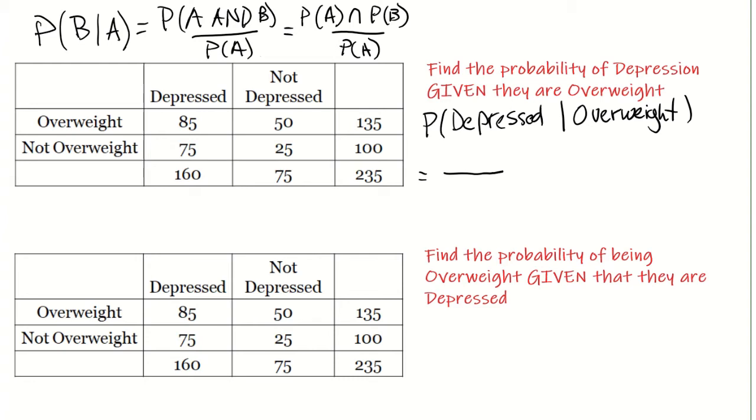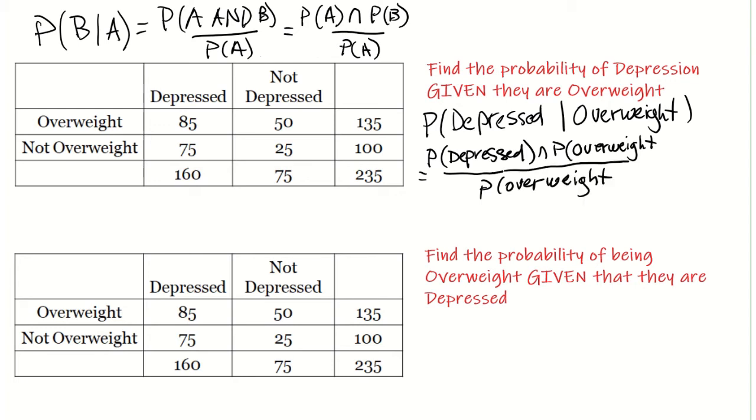So let's put this right here. So we're looking for the probability of the intersection of depressed and overweight divided by the probability of overweight. So we're going to do the denominator first.